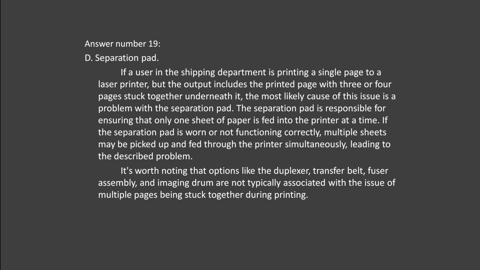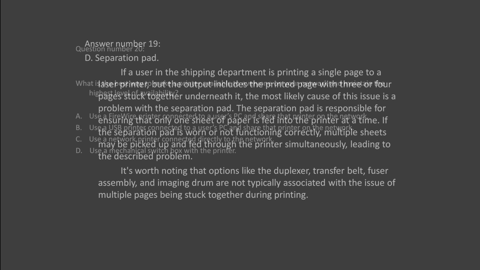If the separation pad is worn or not functioning correctly, multiple sheets may be picked up and fed through the printer simultaneously, leading to the described problem. It's worth noting that options like the duplexer, transfer belt, fuser assembly, and imaging drum are not typically associated with the issue of multiple pages being stuck together during printing.